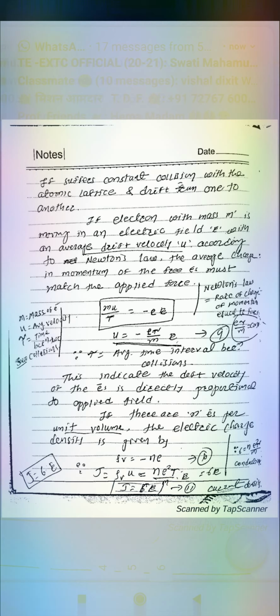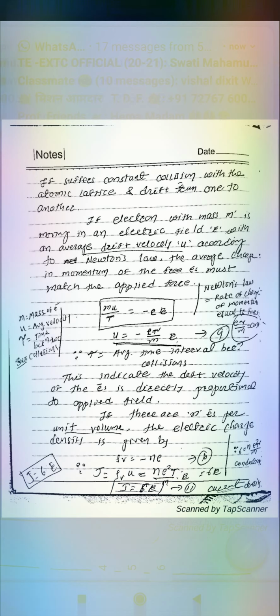This is very important. Equation 9 shows that the drift velocity of the electrons is directly proportional to the applied electric field. This is for one electron only.